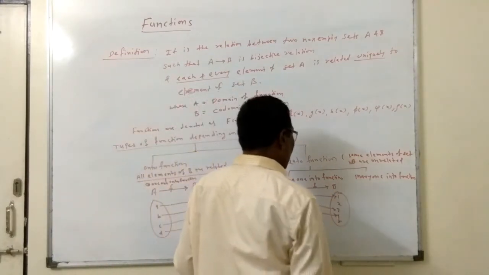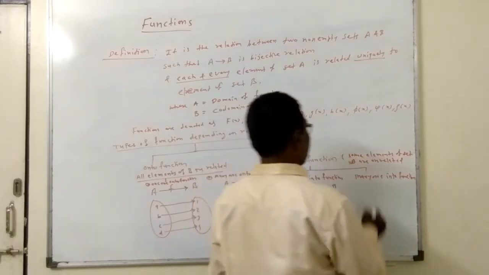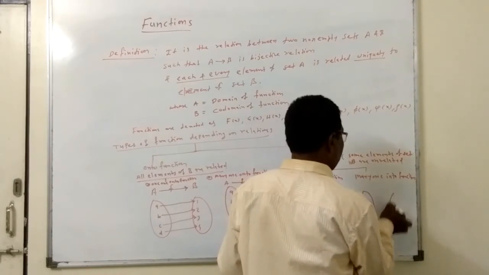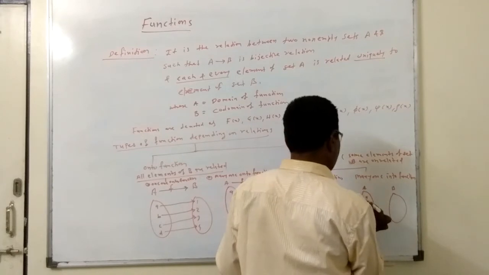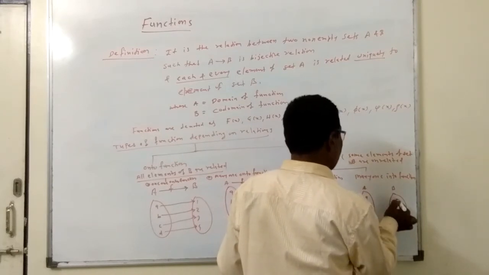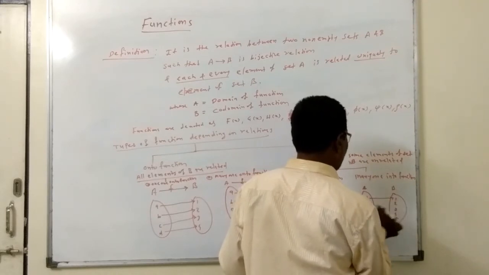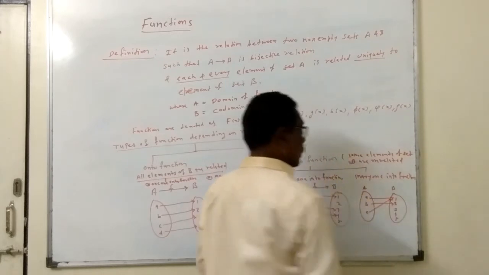So this is one-one into function because elements 2 and 5 are unrelated. Now, many-one into function. So A and B, we will consider two sets. Suppose A takes a, b, c. Here 1, 2, 3, 4, 5, etc. Suppose a is related to 1, b is related to 2, and c is again related to 1.